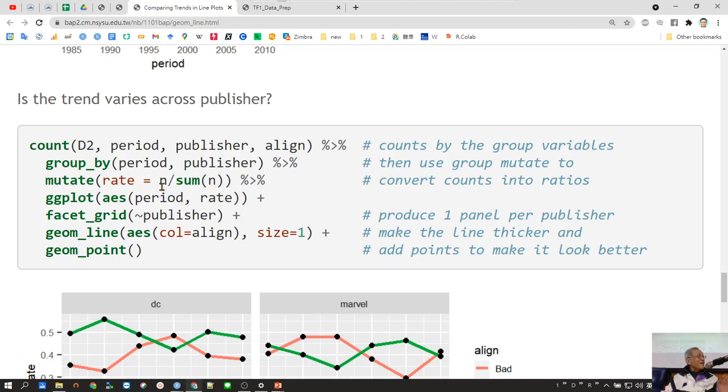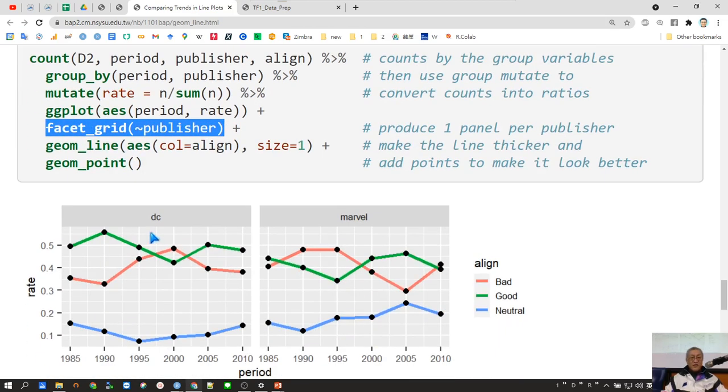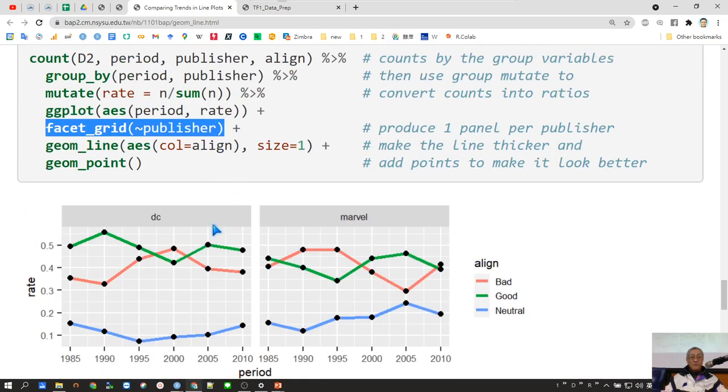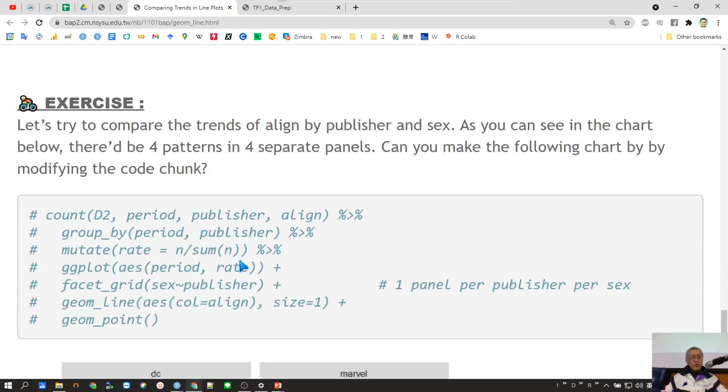Okay, isn't it? And then I use ggplot. The ggplot is the same thing except this one, right? I use facet, so I kind of separate DC from Marvel and plot it into two different panels, right? Okay.